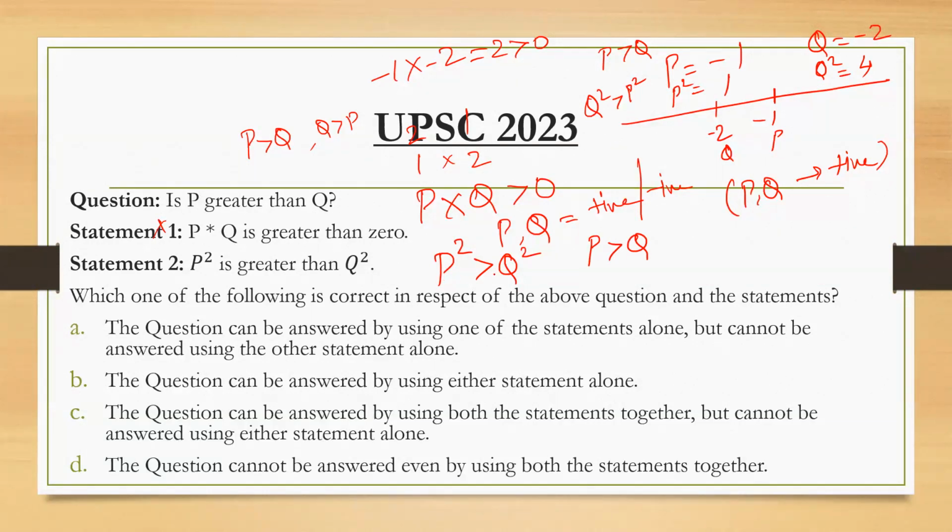So coming back to statement 2, when I say P square is greater than Q square, I cannot definitely say P is greater than Q. It can either be P greater than Q, or Q greater than P. Both scenarios are possible depending upon the signs, whether P and Q are taking positive or negative signs.